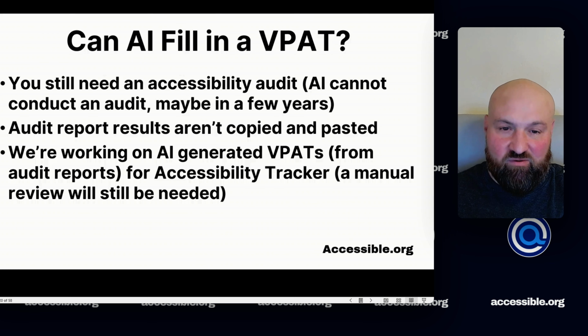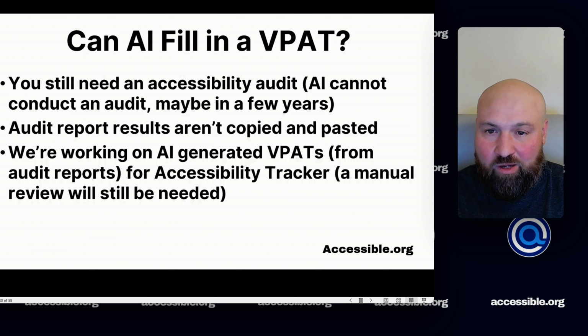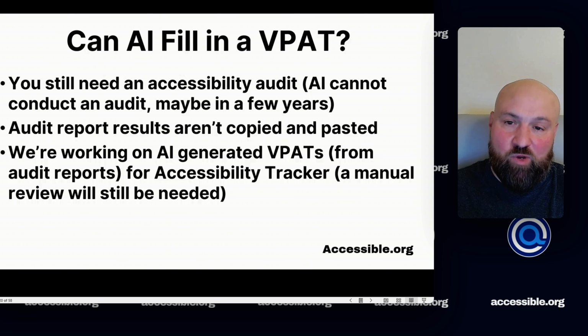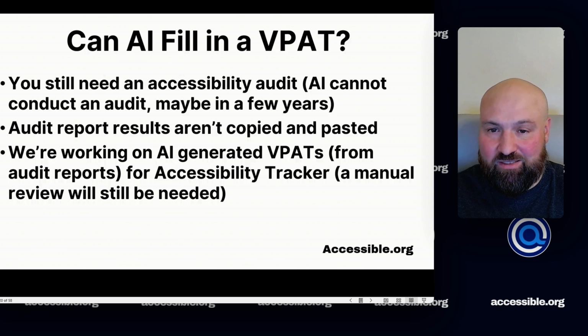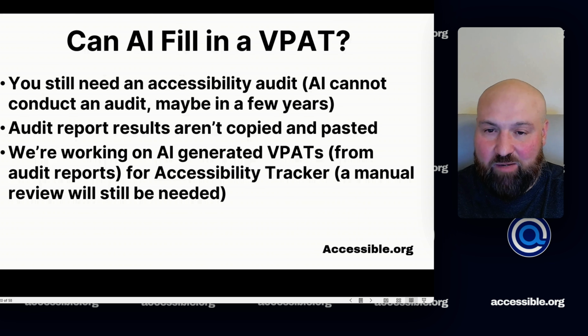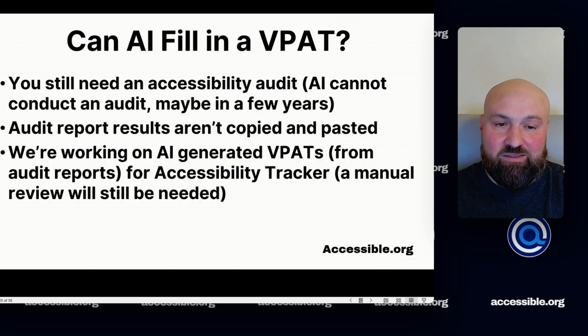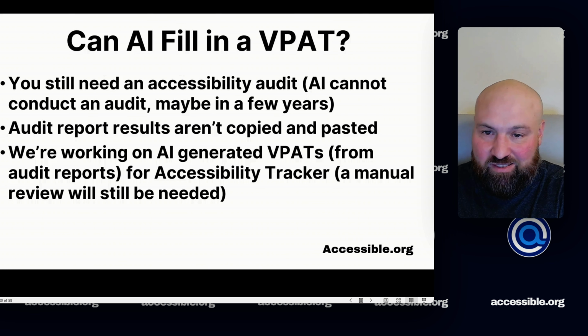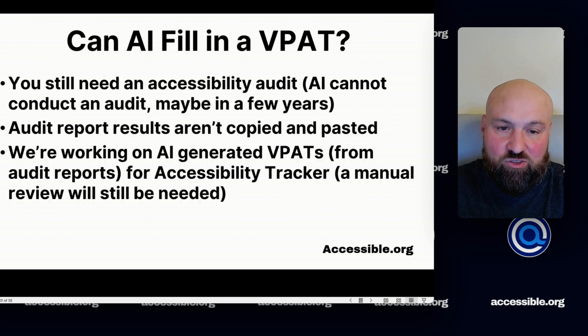You are going to have to review, but the good part is Accessibility Tracker is an audit-based platform, and that means we are working from your accessibility audit report. So as far as the platform, this ensures that tracking is towards full conformance and not just those issues that are flagged by a scan. But when it comes to this specific feature, it means that we're going to be able to take your accessibility audit report and start to transpose those audit report results using AI.